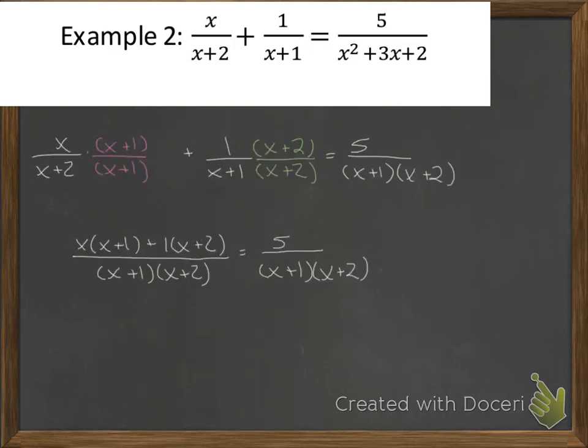From here, algebraically, I can see that the denominators are the same. If the denominators are the same, then the numerators also have to be equal to each other. So I could multiply both sides by x plus 1 and x plus 2, canceling out my denominator. At this point, I can just focus on the numerator and solve this.